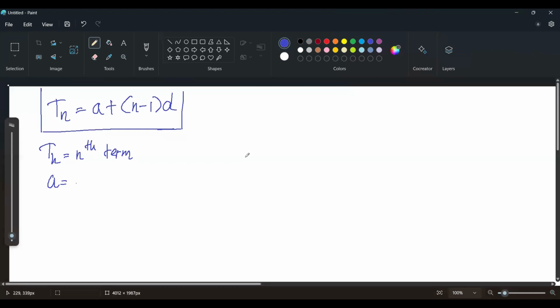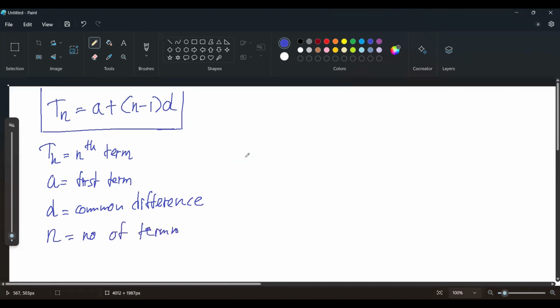A means first term. D is the common difference, the second term minus the first term, the difference between two terms. And n is the number of terms.